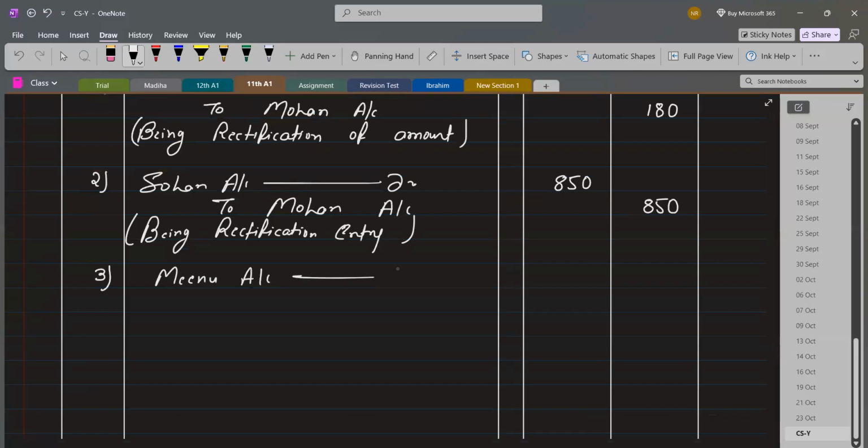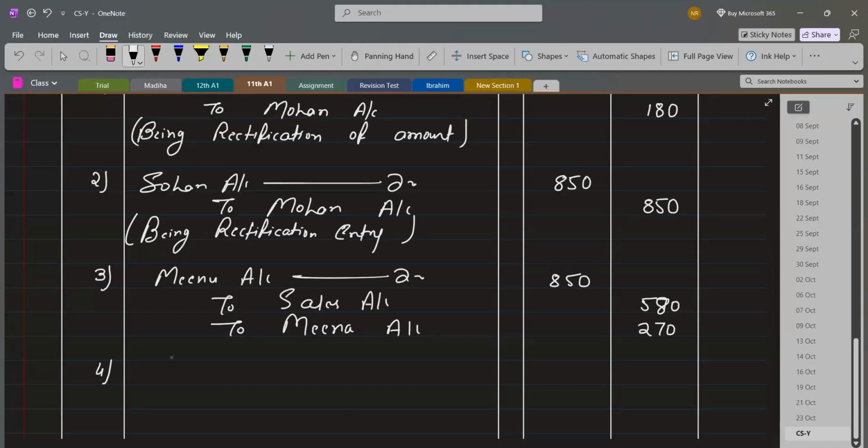Menu account debit to sales account, to menu: 850, 570, 580 and 270.